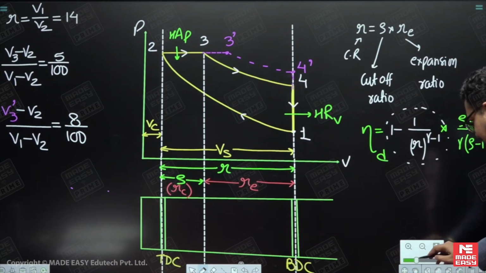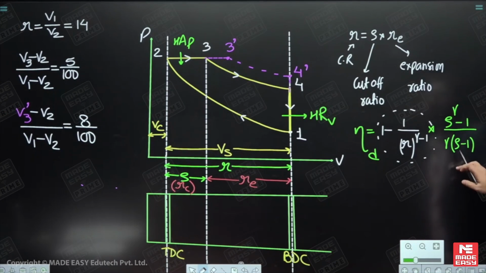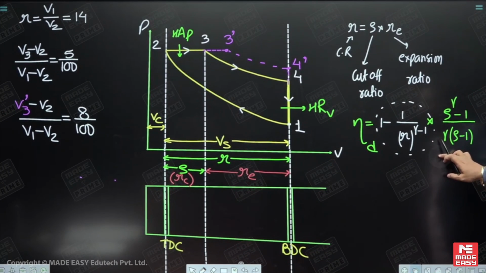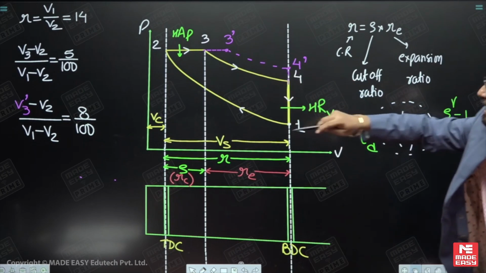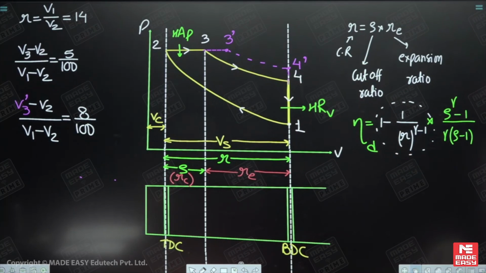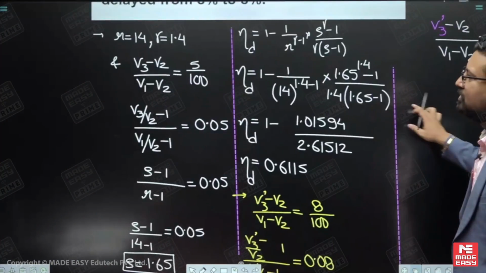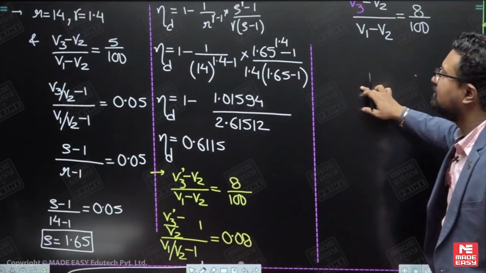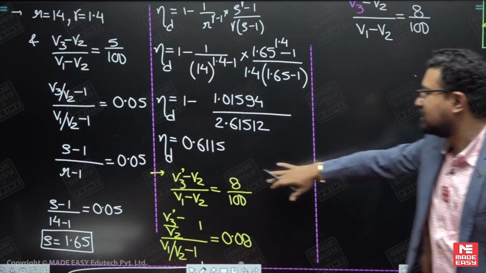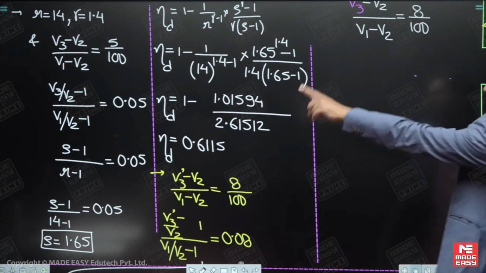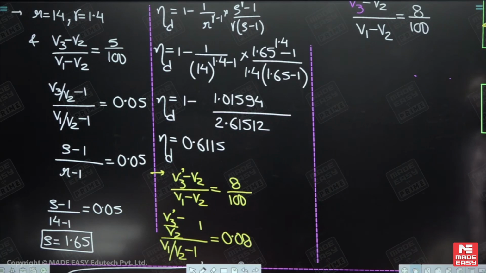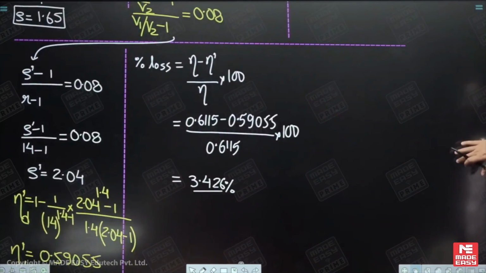Let me slightly minimize it so you are able to see it on a single screen. This is the extra discussion which we did. You can go through this. And then we started solving this problem. The solution is from here onwards. This is the first part of the solution. Then this is the second part of the solution.